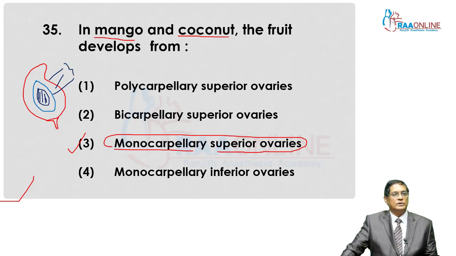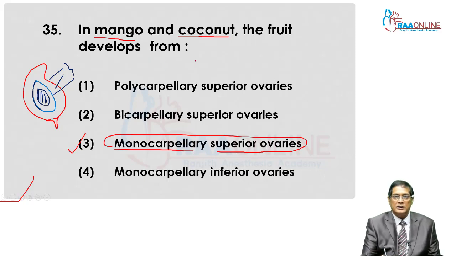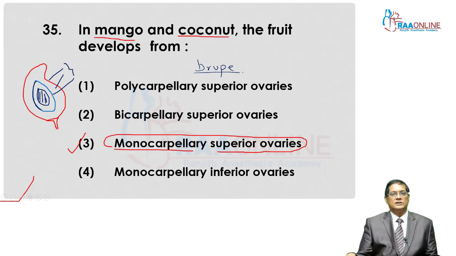Collectively they are known as pericarp. Pericarp is called fruit wall, and hard and stony endocarp is present in drupe fruit. The fruit with hard stony endocarp is drupe. So mango is drupe, coconut is drupe.